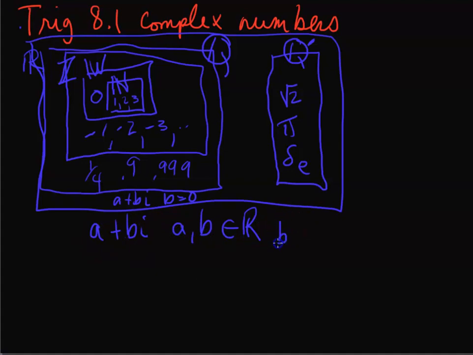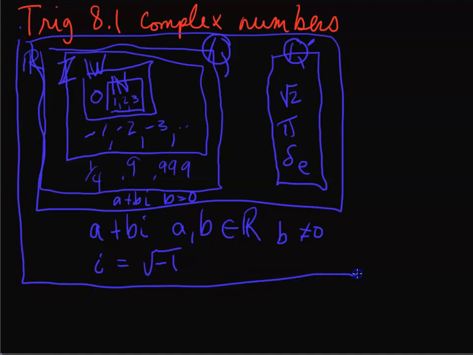But suppose b is not equal to 0, and suppose we define i as the square root of negative 1. We can now find square roots of negatives, and we put these together with the real numbers, and we call these the complex numbers, a double strike C. When b is not equal to 0, these are called complex or imaginary numbers.